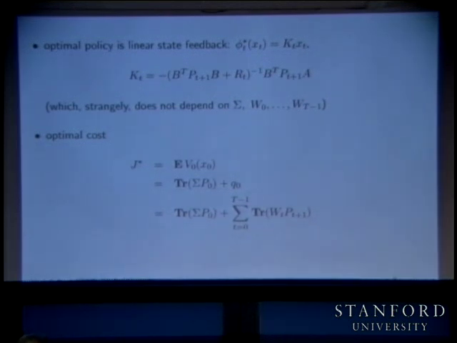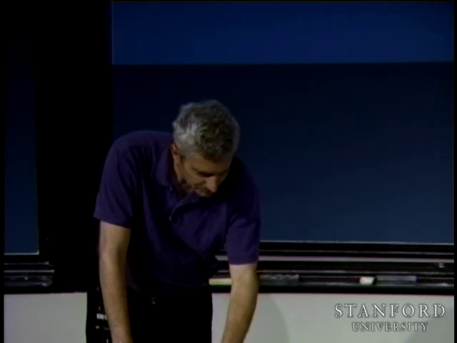The sum of these gives you the optimal cost for this thing, and that's not remotely obvious. In fact, it's just some weird accident having to do with linearity and quadratic costs. It's certainly completely false in general that this would be the case. Okay.